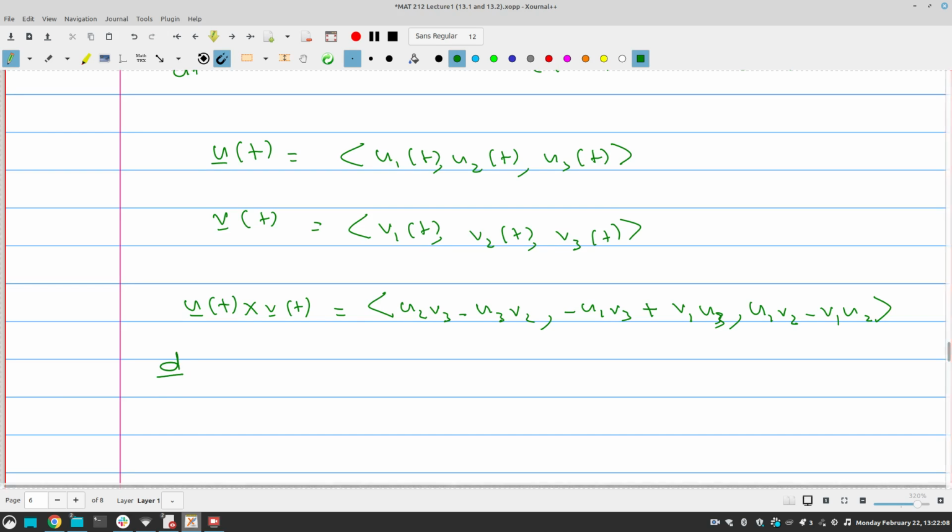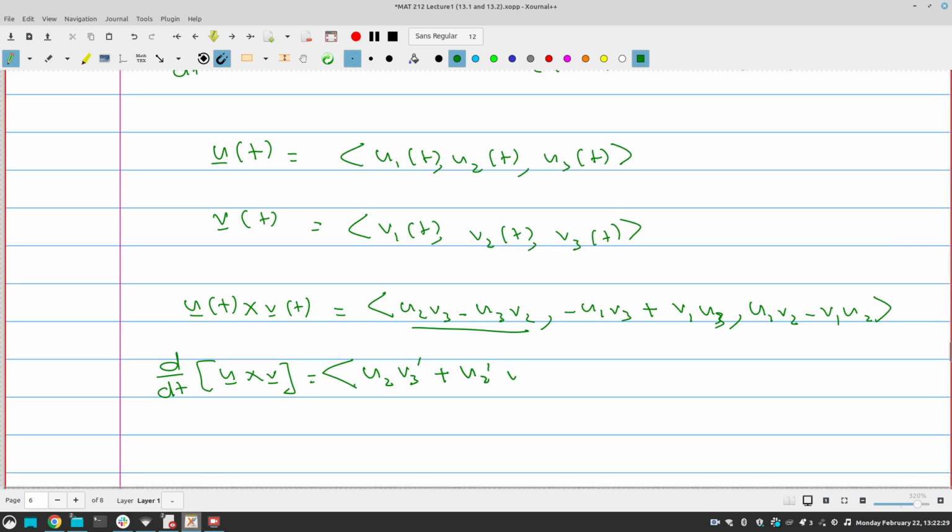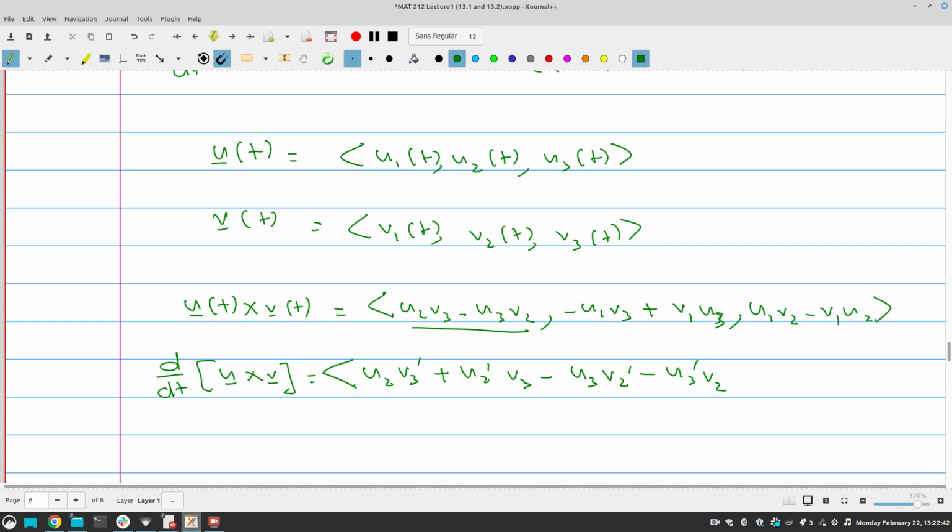In order to differentiate this, we'll have to differentiate term by term. So the first term: if I differentiate this, it's going to be u2 v3 prime plus u2 prime v3 minus u3 v2 prime minus u3 prime v2.